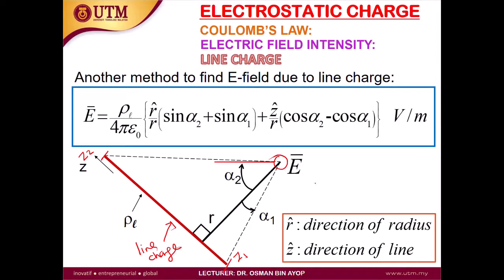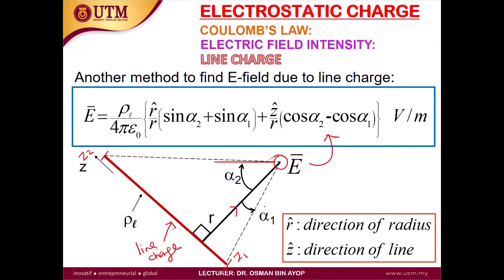Using Coulomb's law, when we do the analysis, this is the conclusion. We can draw two triangles, and we also draw a straight line normal to our rho L. This is the shortest distance between the point and our line charge, which is perpendicular.